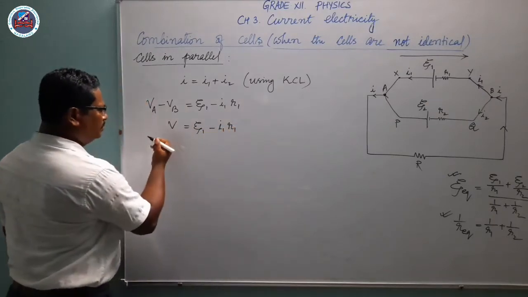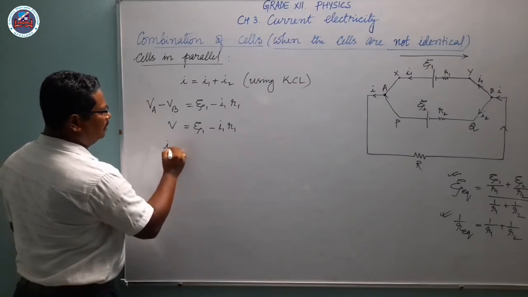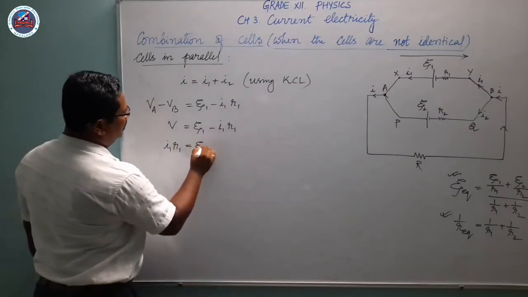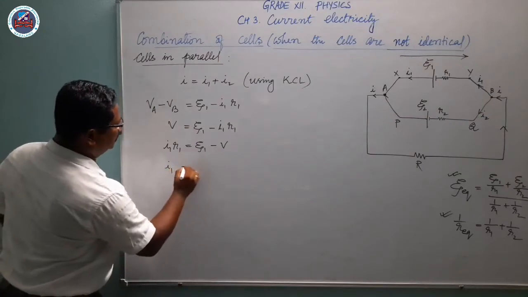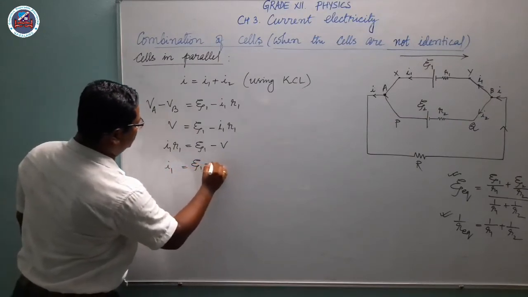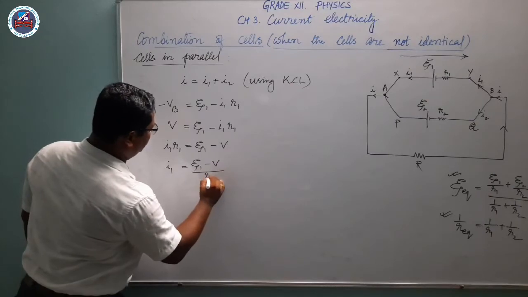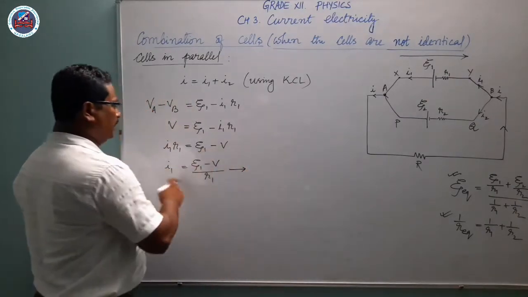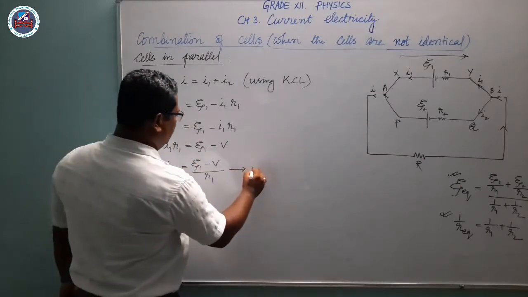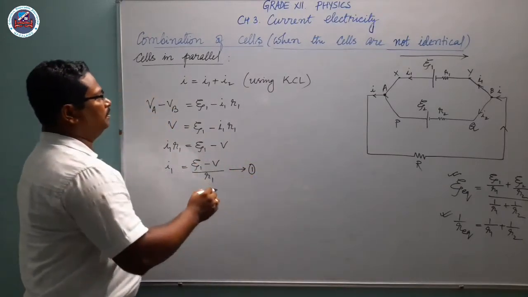This one I am bringing towards my left, so I1 R1 is equal to epsilon 1 minus V. So I1 is equal to epsilon 1 minus V divided by R1. Like this, find out the current I1. After finding the current I1, which path did we choose?